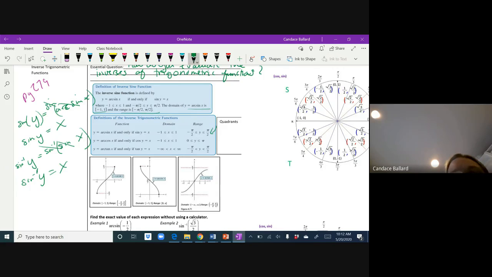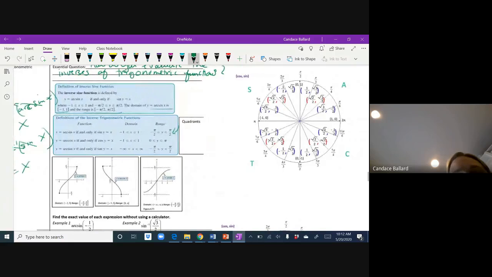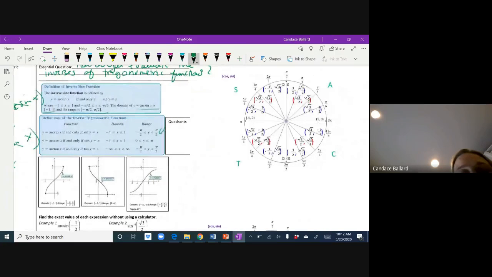Okay, so if I put my unit circle over here so that we could see it, and you should have a little box that says quadrants. For me and my brain, it's easier to remember which quadrants each one of these things is valid in. So it says I've got to go from negative pi over 2 to pi over 2, and we've talked that we can count in the opposite direction.